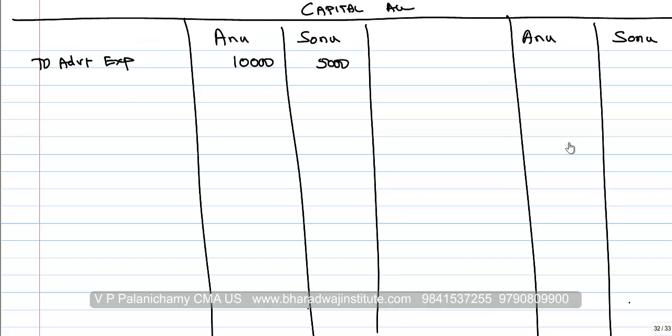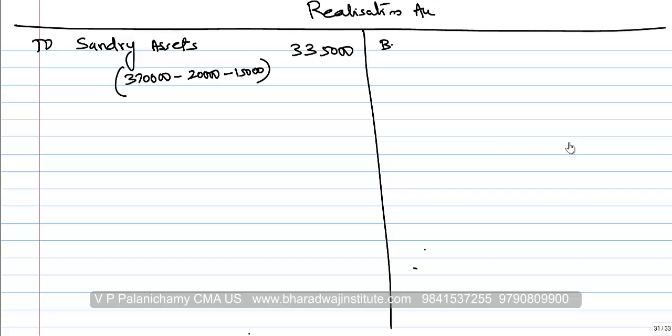Then, what are the liabilities you transfer? Creditors, how much? 1,10,000. Then, any other specific reserve, like investment fluctuation reserve, workmen compensation fund, any other liability like partner's wife's loan, bills payable?